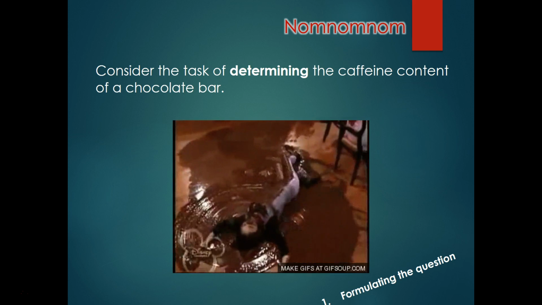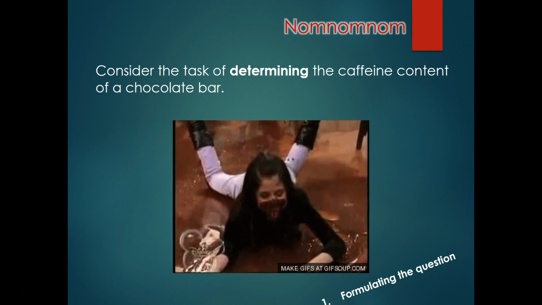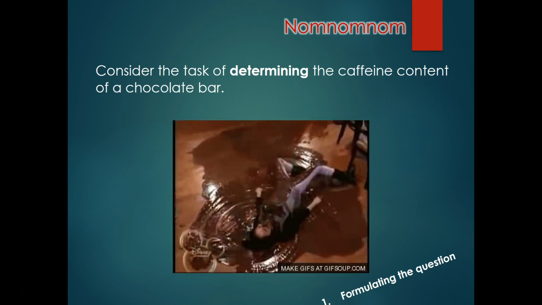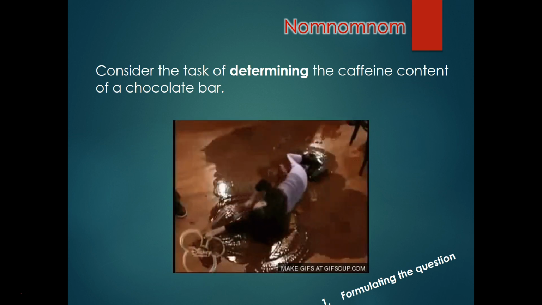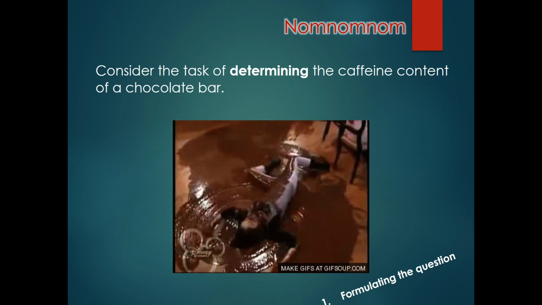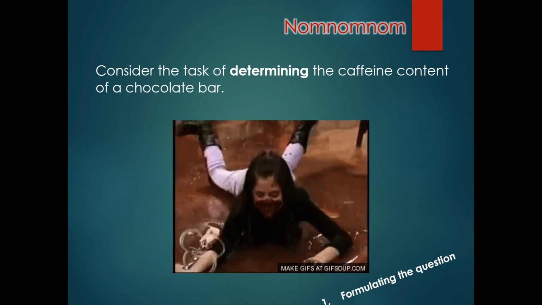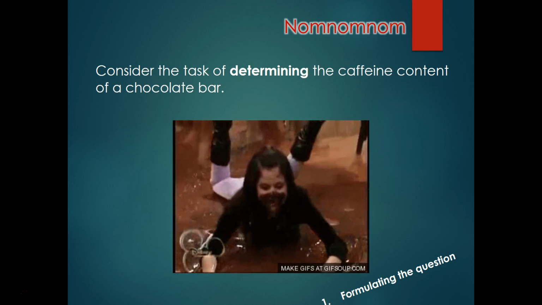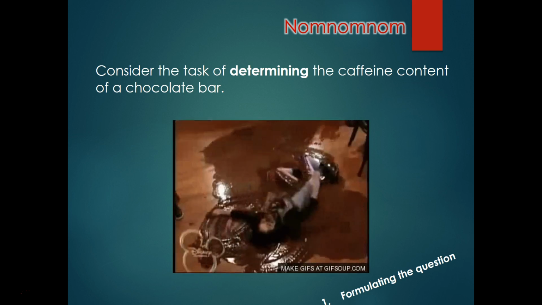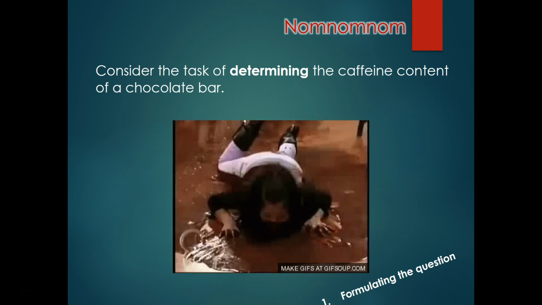How much caffeine is there in a chocolate bar? That seems pretty focused. We're trying to find the quantity of a known chemical. So we already have qualitative information. It's caffeine. Now we want quantitative information. We've got 1 sample, we've got 1 analyte, and we've got a very specific question. It seems good, but let's dig deeper.